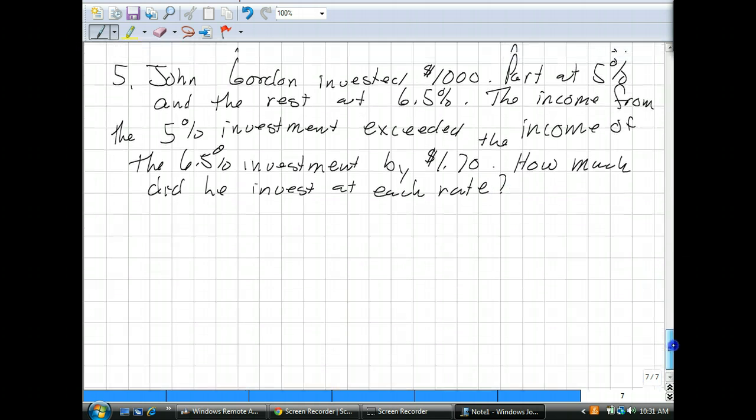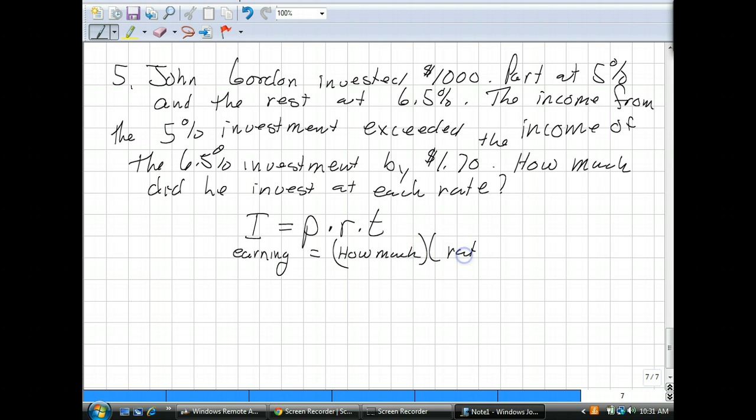Okay, so this uses the formula interest is equal to principal times rate times time. Okay, so this means what we earn is equal to how much we invest, times the rate, times the time.